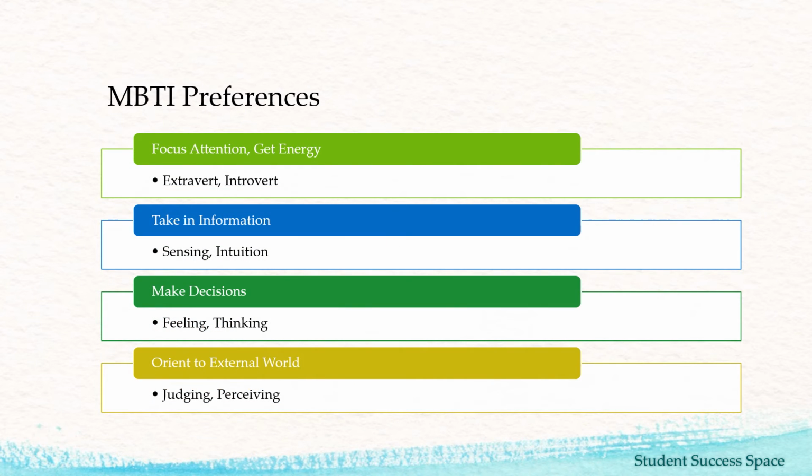So looking at our MBTI preferences, we want to notice that there are really 4 different areas. As we look at this, the very first letter is extrovert or introvert. And this is where we prefer to get our energy, where you focus your attention. An example of this: an extrovert, to feel energetic, is not going to want to sit at home and read.